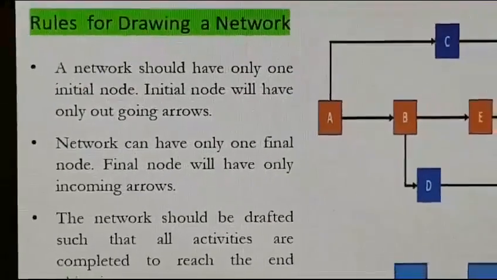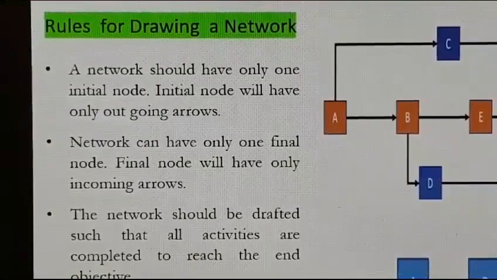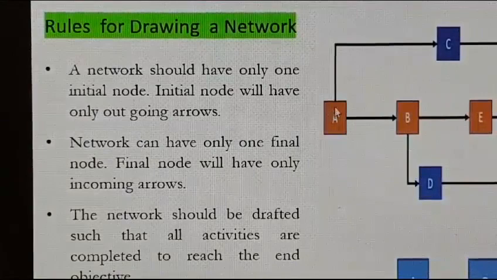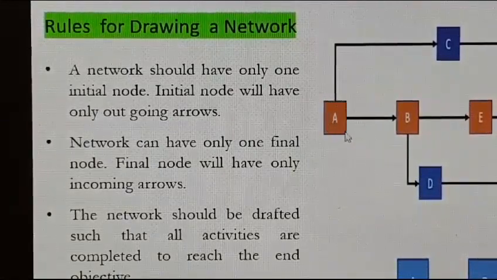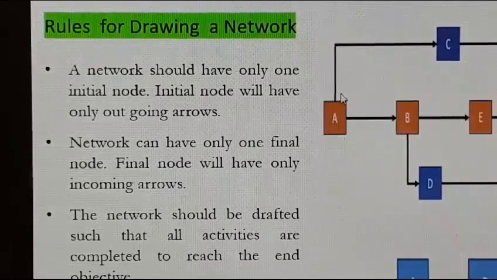Next we will see simple or basic rules for drawing a network diagram. See, the first rule is network should have only one initial node. See here, there is a node represented by a rectangle, and this is the first node and it is the initial node also.